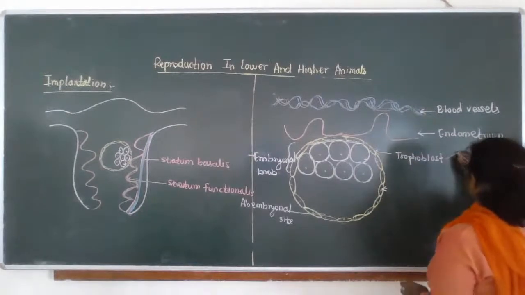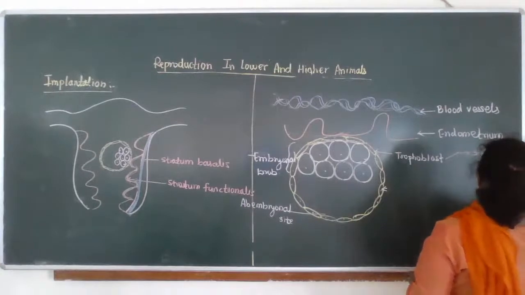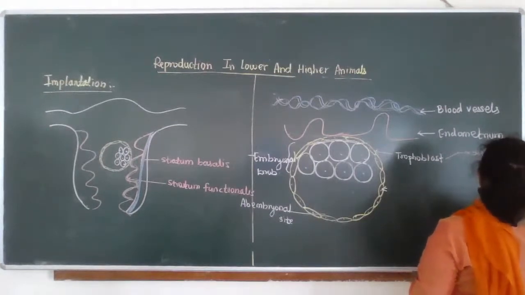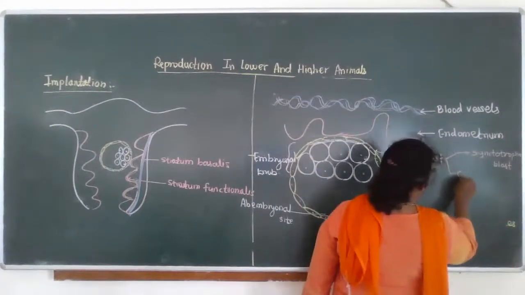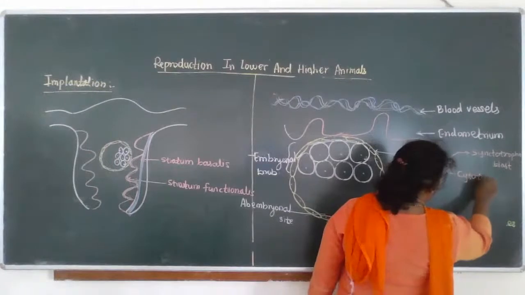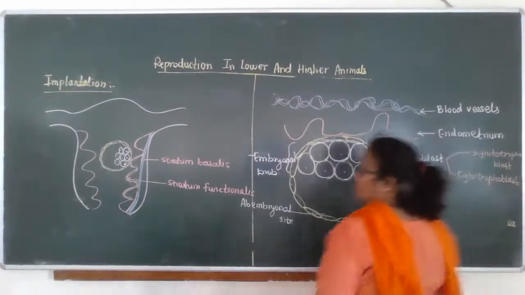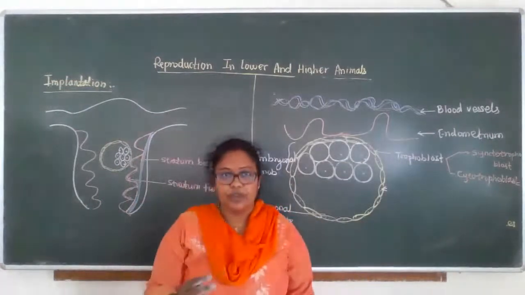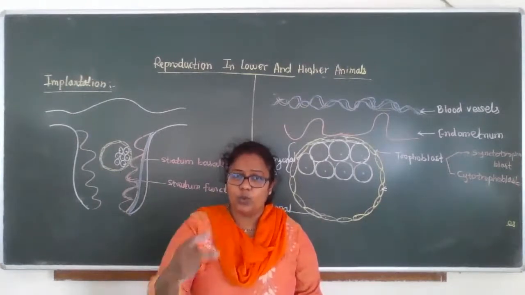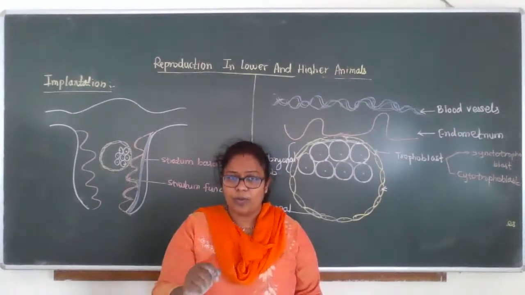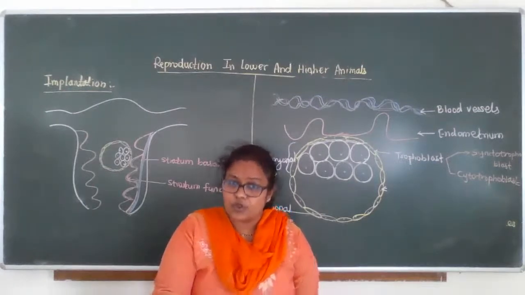The one is the syncytiotrophoblast, and the other one is the cytotrophoblast. So the trophoblast gets converted into two parts: syncytiotrophoblast and cytotrophoblast. So what is the difference between these two?